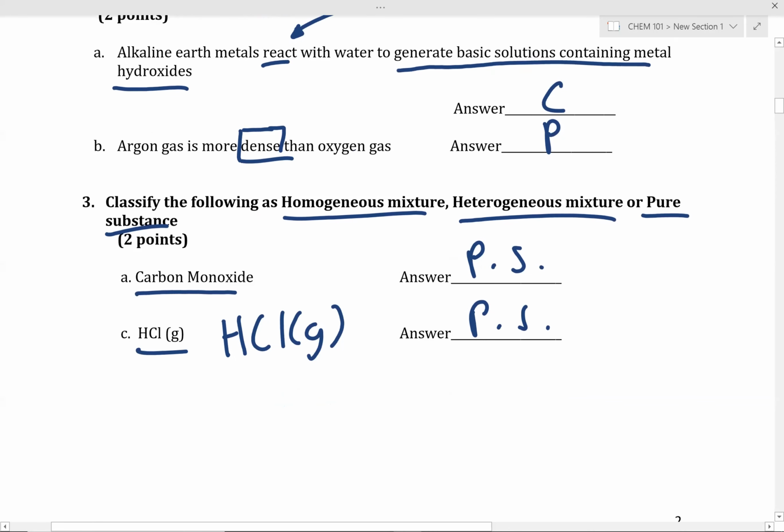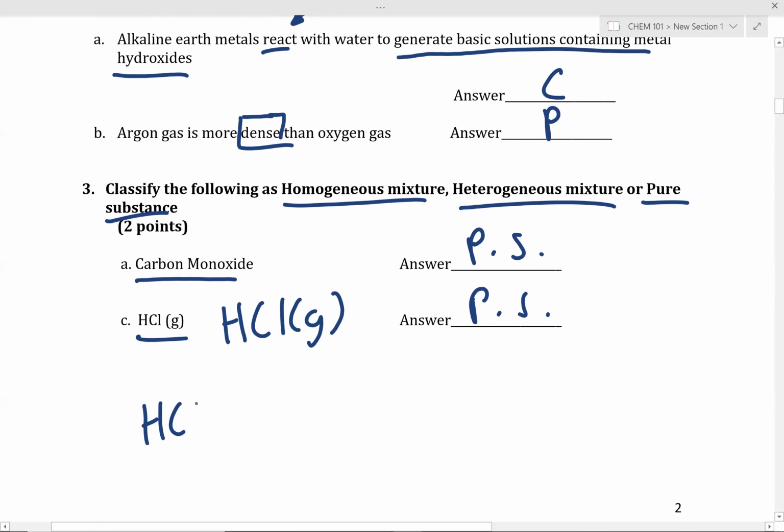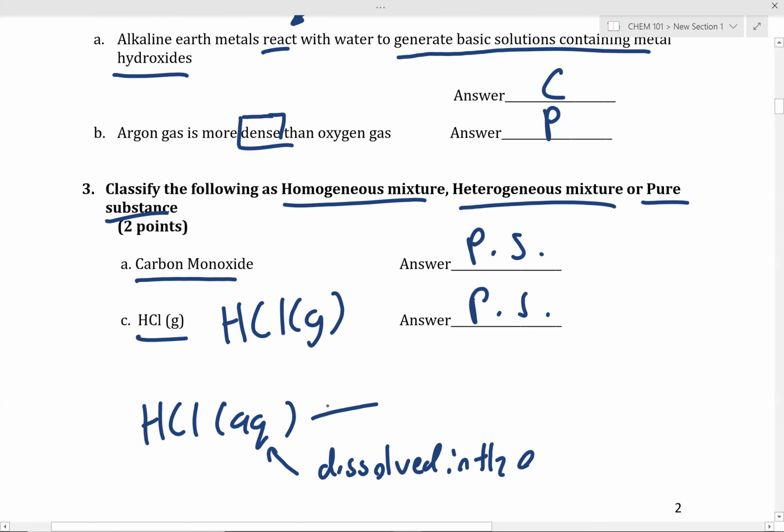Just as a side note, if you happen to see, for example, HCl aqueous, this aqueous would imply that it's dissolved in water. Anytime you see the aqueous symbol, that's a clear signpost that you're dealing with a homogeneous mixture, because the aqueous is implying that it's dissolved in water.